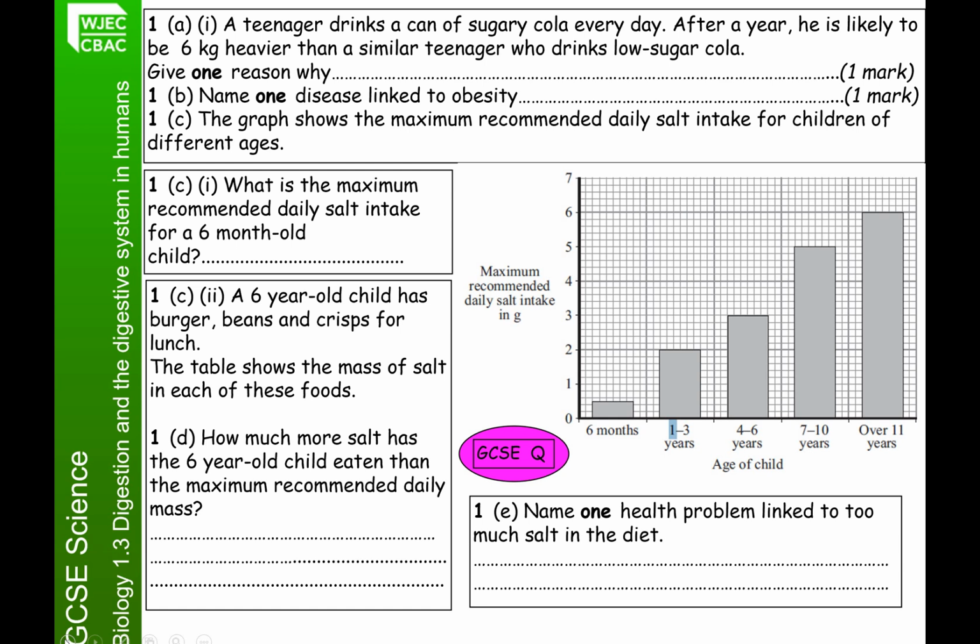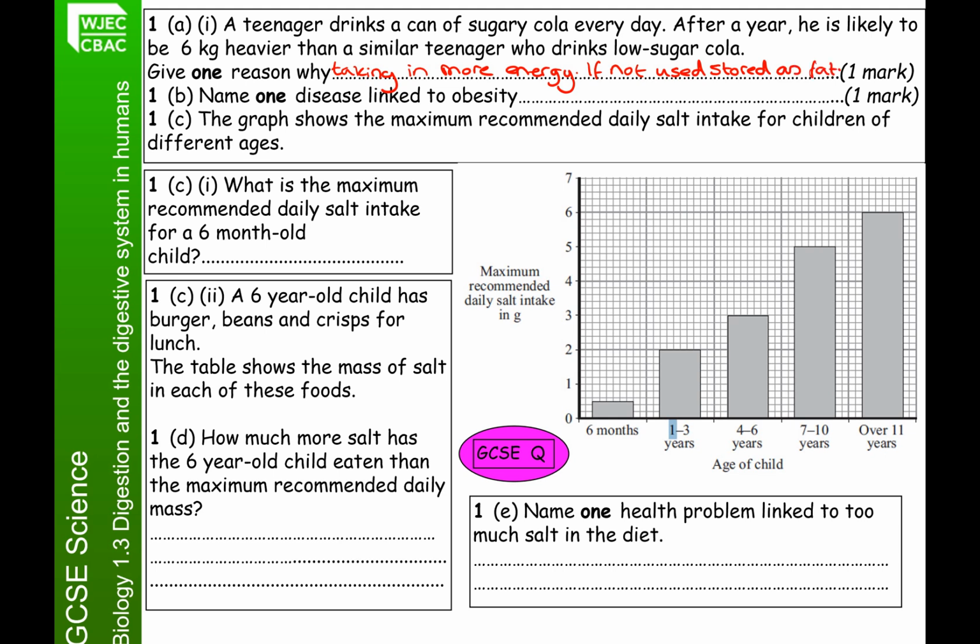So what you need to say here, obviously the one who's drinking the sugary cola is taking in more energy. There's not much space for this answer. So he's taking in more energy. If this is not used, it would be stored as fat. I'm just going to say if not used, it would be stored as fat.